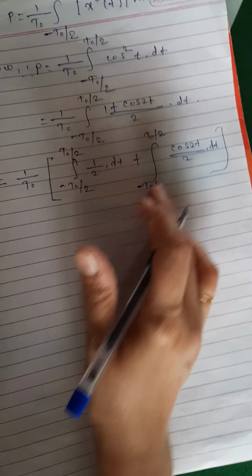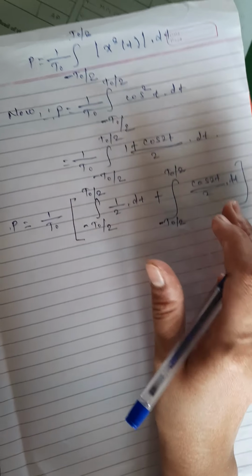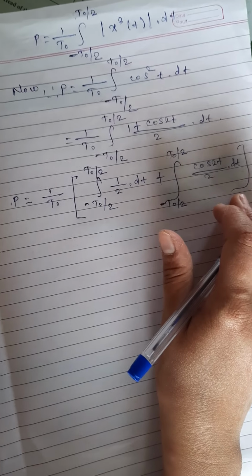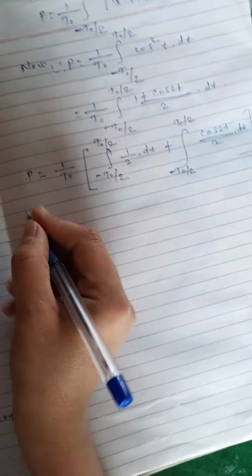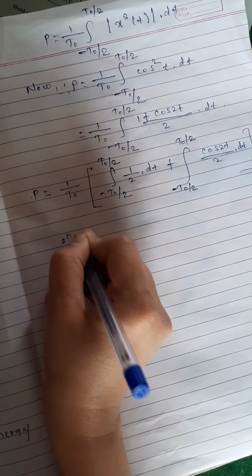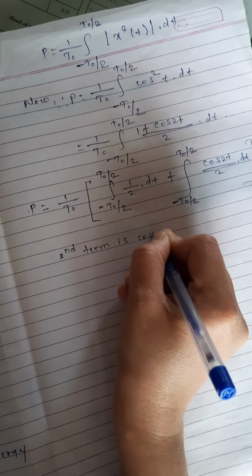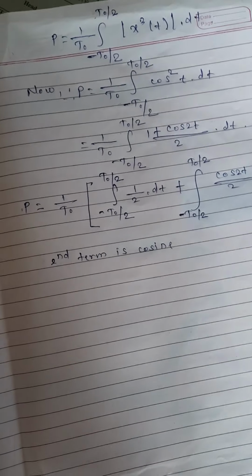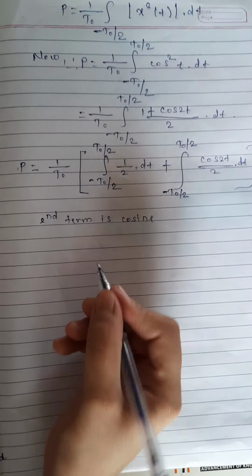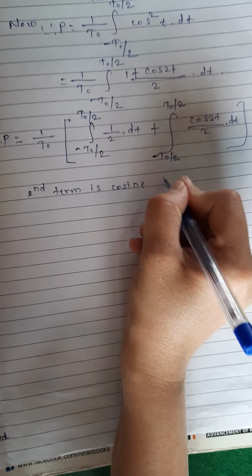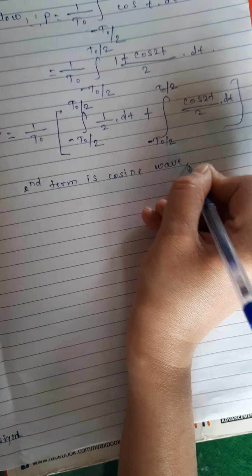Now the second term is a cosine term, so if we integrate the cos wave for one complete cycle, then it is 0. We write here second term is cosine wave.